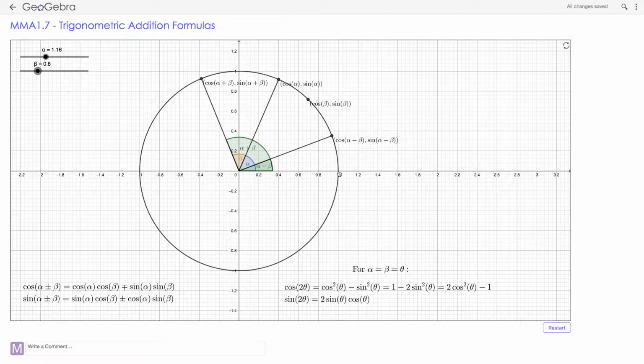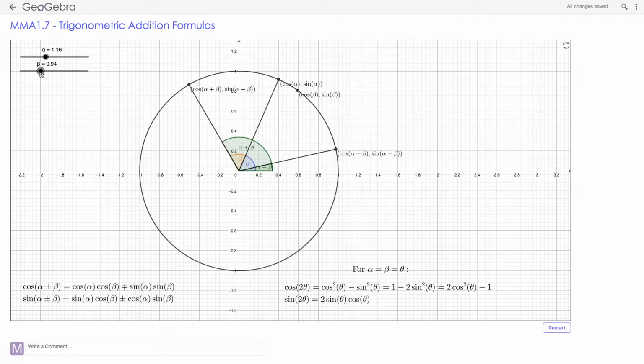And if you take this piece of arc and subtract this piece of arc, you end up down here. So you can see the difference between these two is the same as the difference between 0 and 1.0 in this point. When the difference between alpha and beta shrinks, this also tends to this point, right?